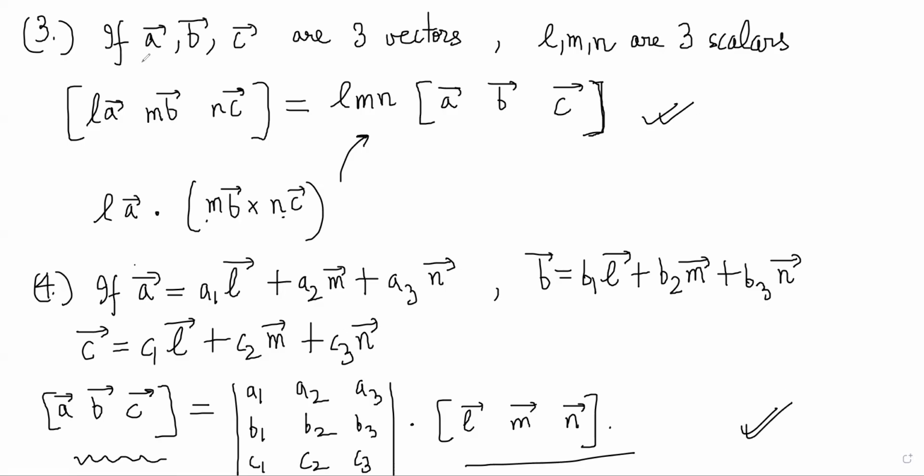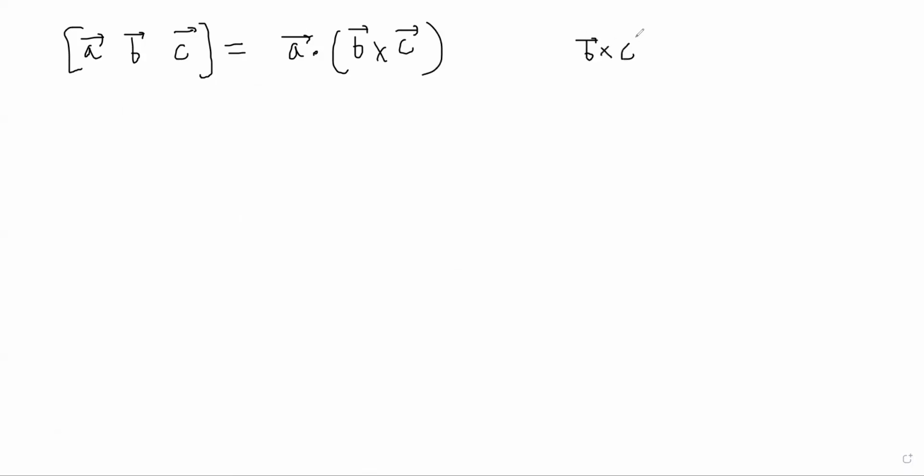So here, when I want to find the box product of A, B, C, what I need to find is A dot B cross C. So first I will try to calculate B cross C. We have seen vector products when B was written as B1 L plus B2 M plus B3 N, and C as C1 L plus C2 M plus C3 N. We have seen a property like this in the vector product of two vectors.